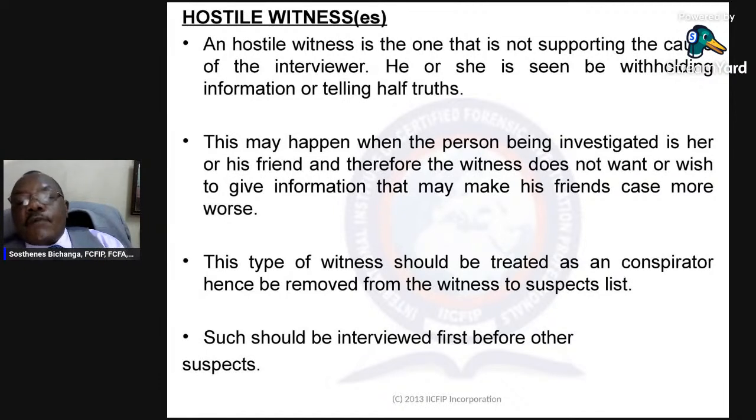Interviewing of witnesses must come first so that we use the information given by the witnesses during the interviewing of suspects. And when some suspects turn out to be good witnesses, we will come back again to interview them as witnesses, and then wind up the interviewing process with interrogation, and that is the subject of step number 7 of the forensic investigation process.